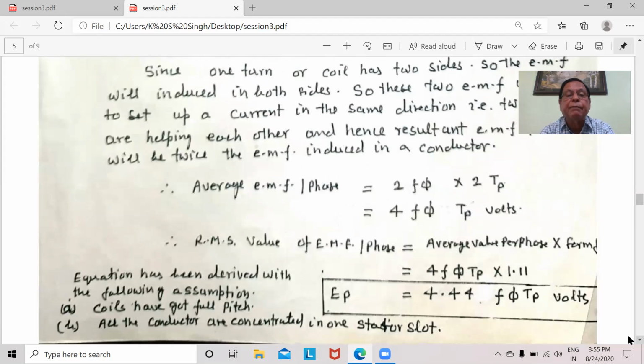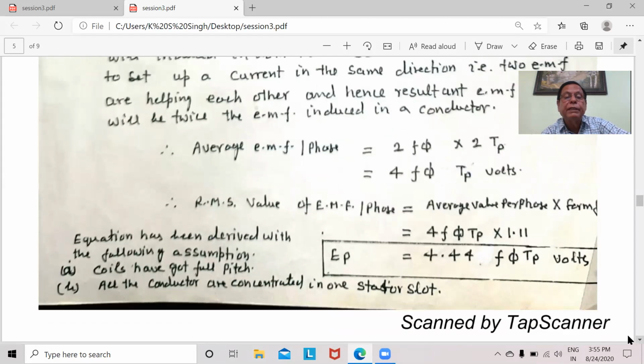Therefore, average EMF per phase is equal to 2 F phi into 2 TP. When you use turns TP in the place of conductors, the average voltage induced in a turn of coil is double, that is 4 F phi TP volts. These values are average EMF induced, but we are considering the RMS voltage induced.